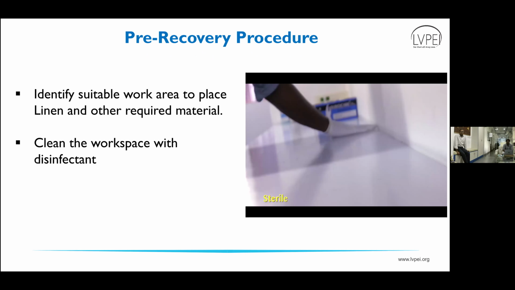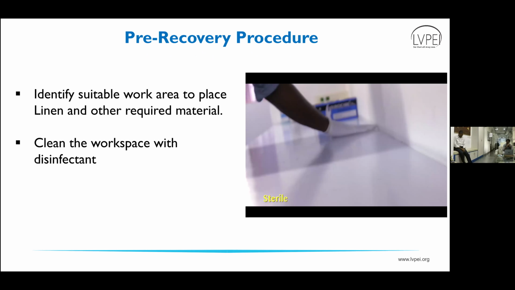We need to identify a suitable work area to place the linen and other required materials. For example, if you go to any hospital or any house, look for an empty table or an empty chair or an empty stool, or in the hospital a patient trolley, where usually they keep medical charts.